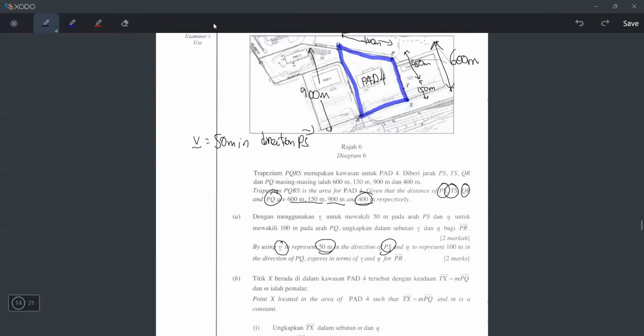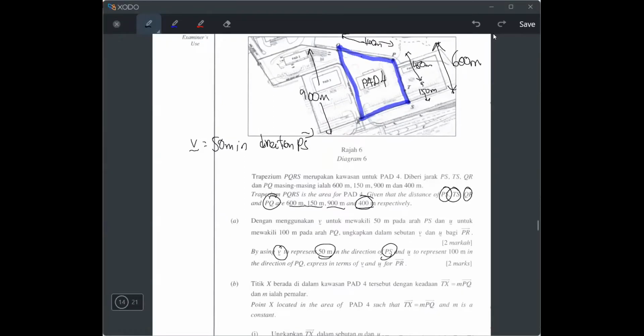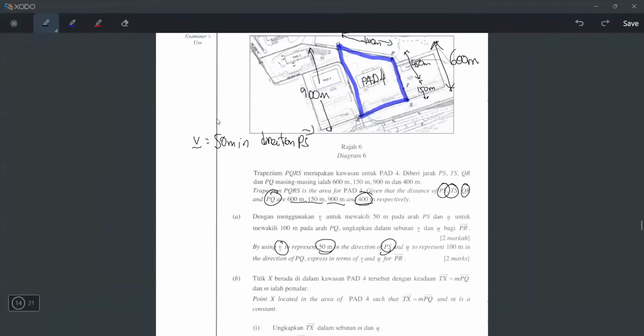So 1V is 50 meters. If it's 600 meters, then how many V? It will be 600 divided by 50. What about the TS here? In direction PS, the arrow should point down because PS goes like this.